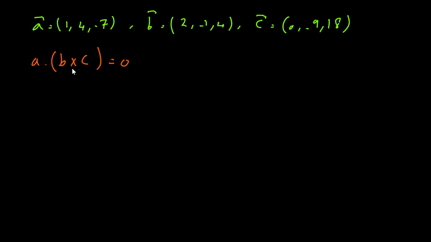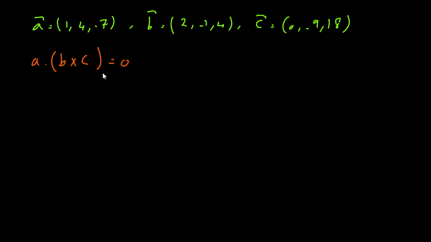If you look at this, B cross C gives us a third vector, and then we are getting the dot product with A. So we said that if the dot product is equal to 0, what do we have?